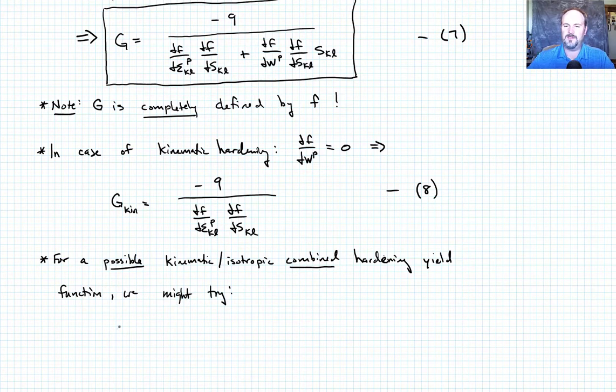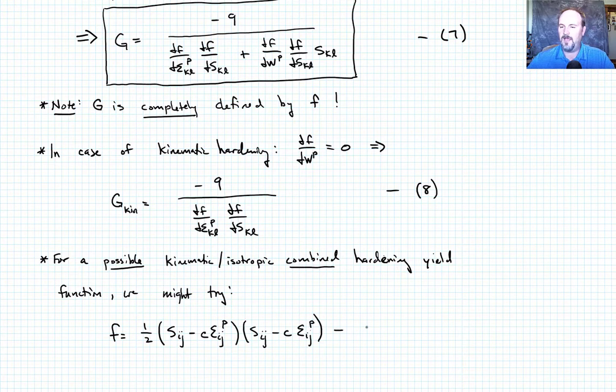Something that says F being equal to, let's just take the kinematic side, which is 1/2 Sij minus C times epsilon ij plastic, times the same quantity, minus C times epsilon ij plastic, minus 1/3, and instead of sigma naught squared, it'll be sigma naught.